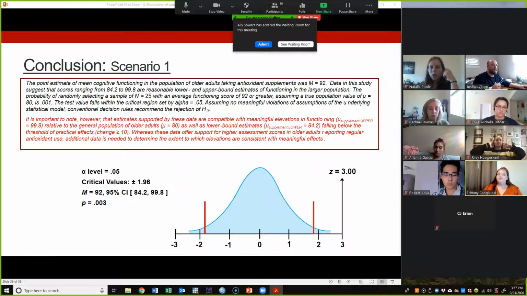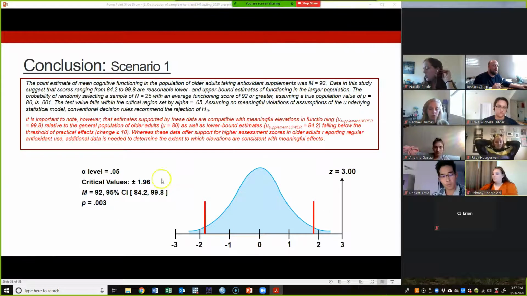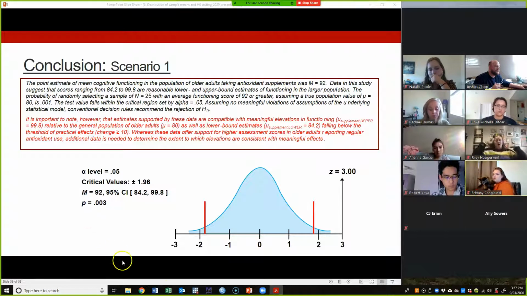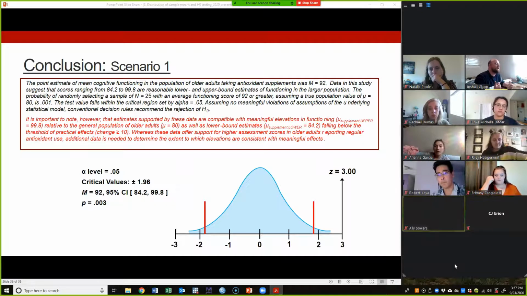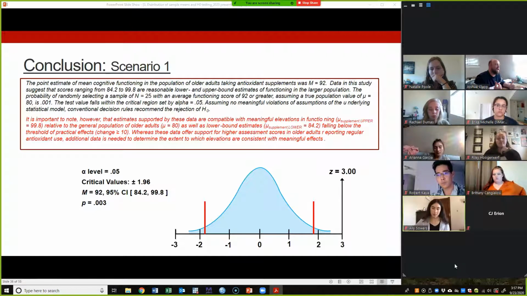And so, assuming that my point estimate of 92 is good, what I might see is that interval estimate start to shrink down to something that gives me a little more precision, a little more confidence in making a determination on whether or not it's having some sort of impact. Is it an impact that's relevant or interesting from a practical standpoint? That's what we can start to talk about. Okay.